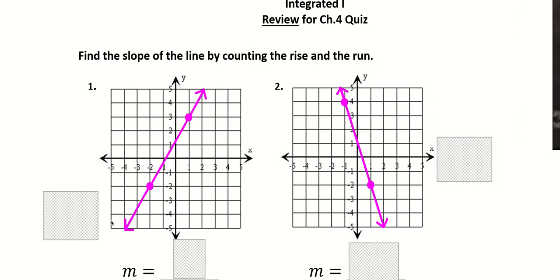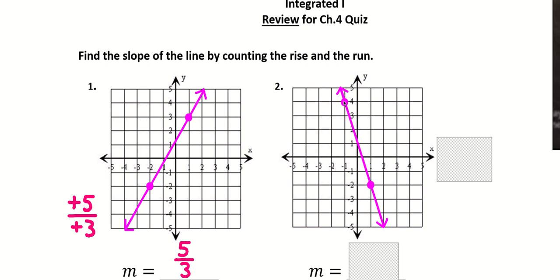Find the slope of the line. Remember, slope is the rise divided by the run, rise over run. Counting from this dot to this dot, we're going up 5 and then right 3, so overall just 5/3.